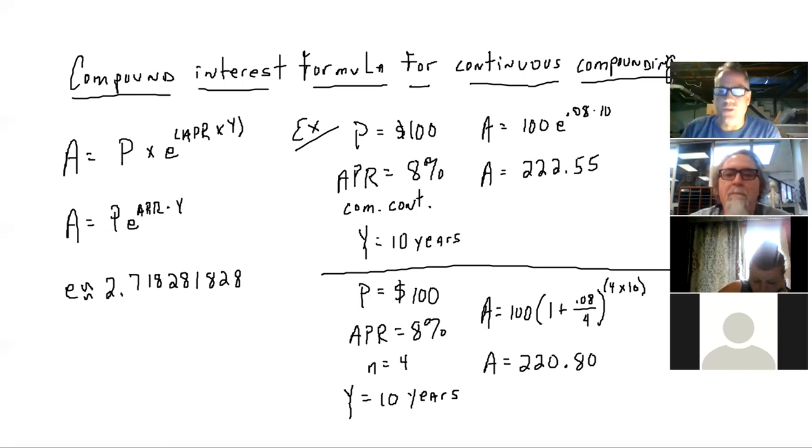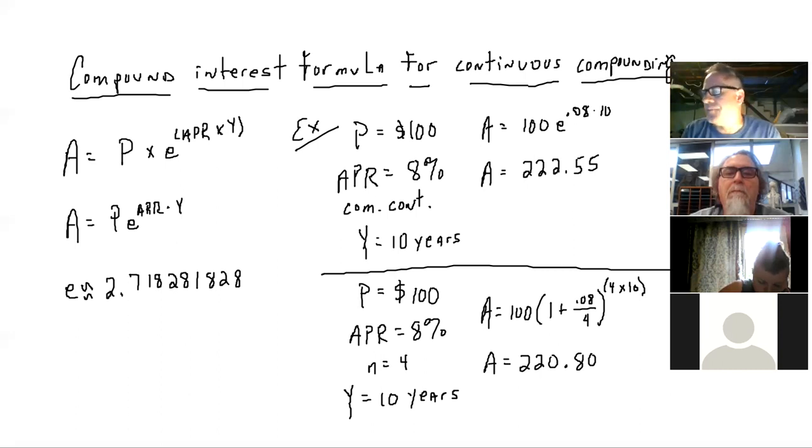You're not really using a formula per se. You're just figuring out how much money you're going to have at the end of year 1, year 2, year 3, year 4, year 5. Down one column, you put in the interest that you would earn every year.